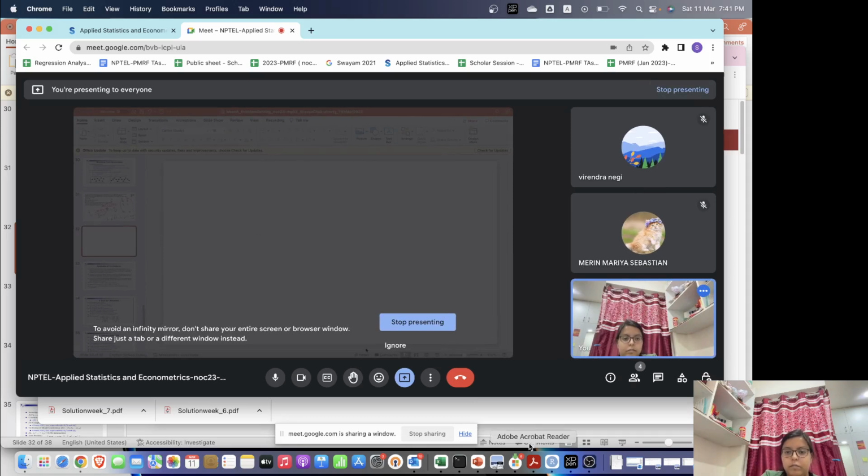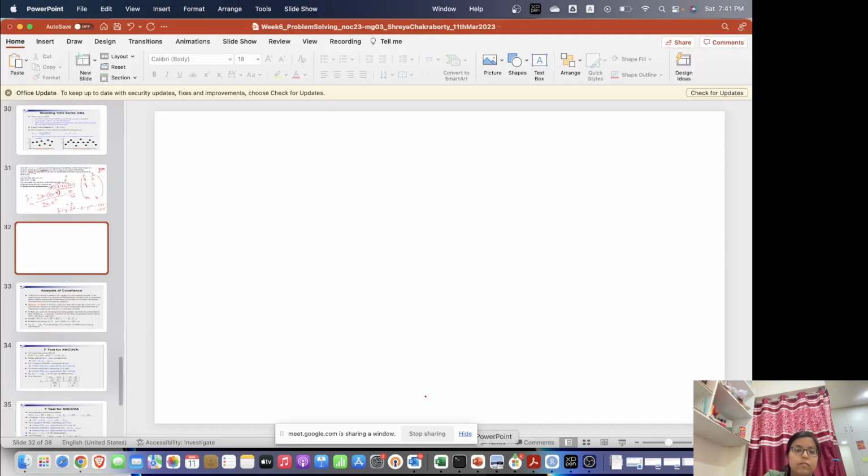The coefficient of determination r square is actually the variance explained by y hat.